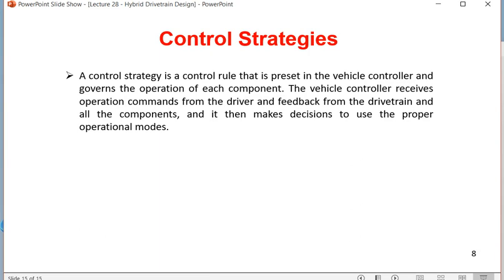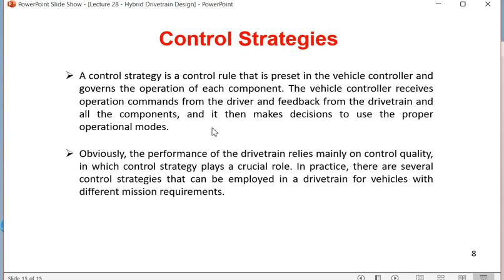The vehicle controller is nothing but an embedded system, or microcontroller. It receives the operation command from the driver and feedback from the drivetrain from all the components, and it makes the decision how to distribute or how to use the proper operational modes. Second thing, obviously the performance of the drivetrain relies mainly on the control quality, in which the control strategy plays a crucial role.